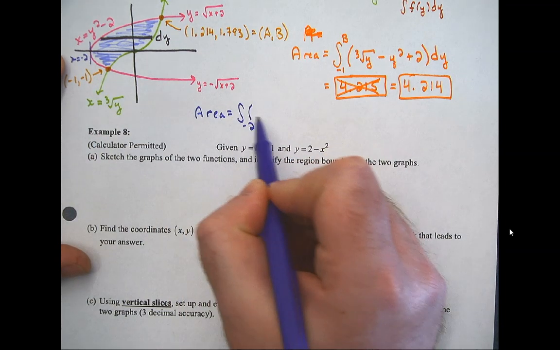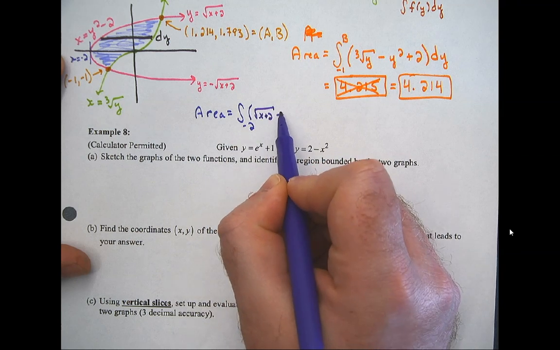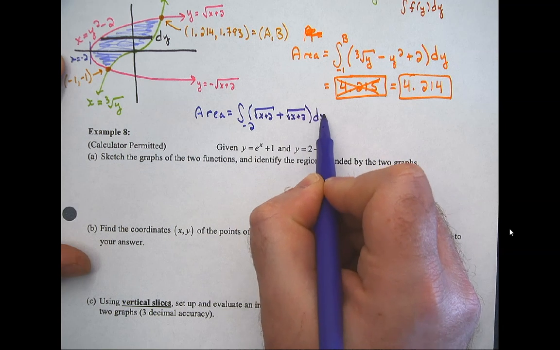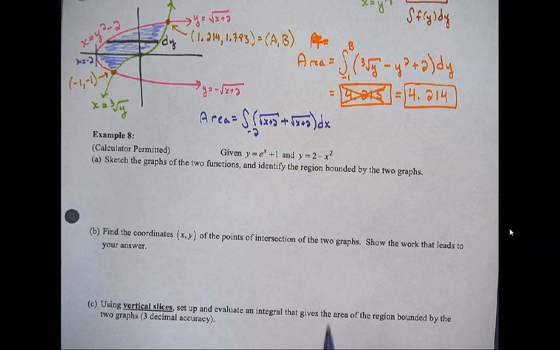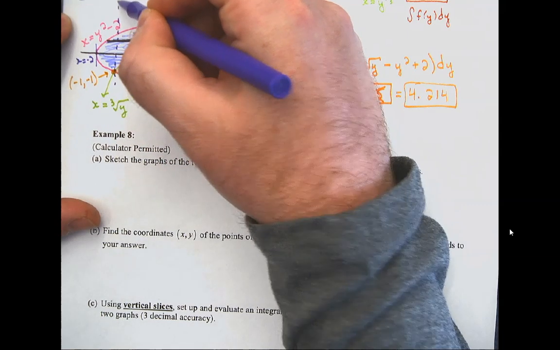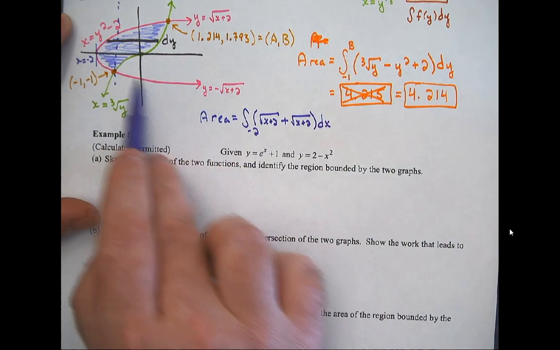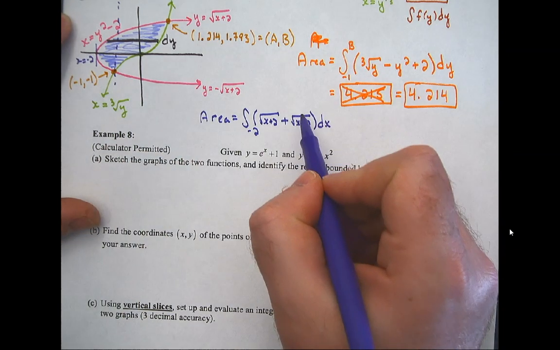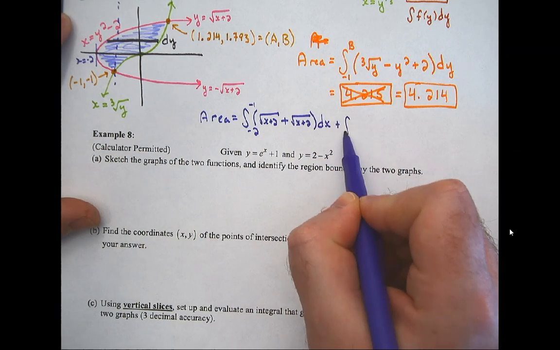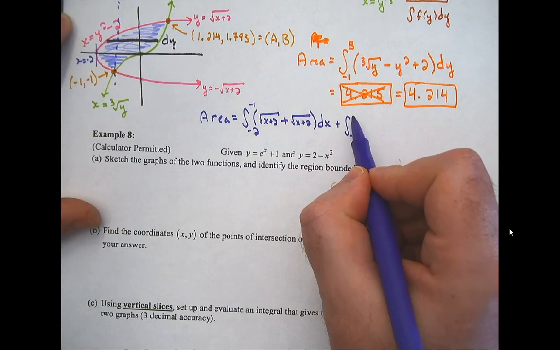So that would look like the square root of x plus 2 minus the negative square root of x plus 2 dx. But then at -1, this now switches to no longer looking at those two curves. I probably should have done this in a different color, but I didn't, so we're going to have to live with that. So until -1 plus the integral from -1 until, now I want to go until a this time.